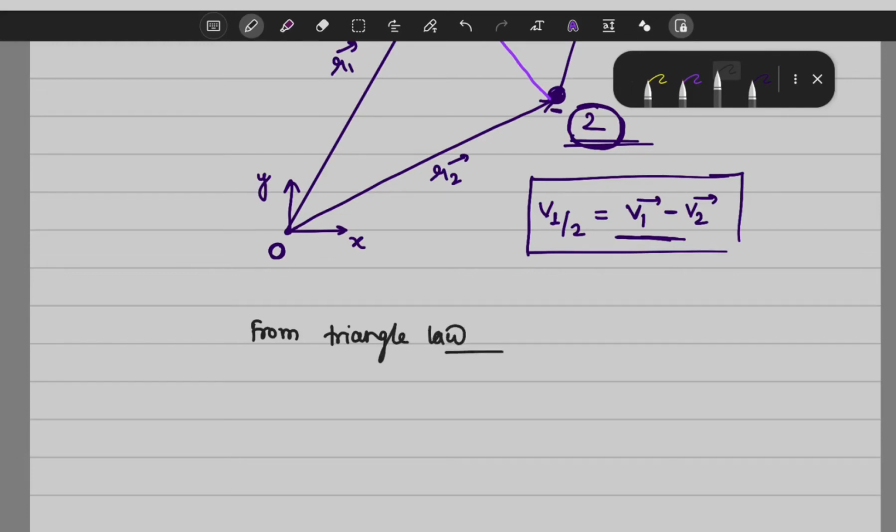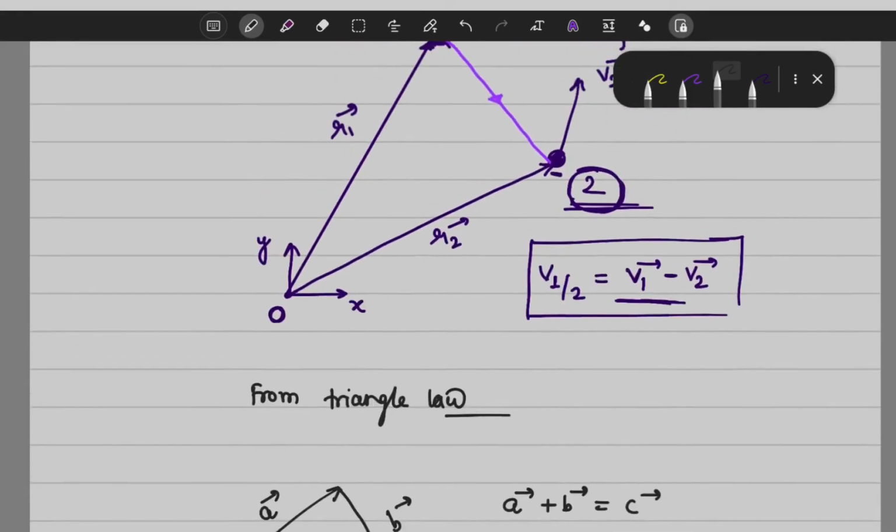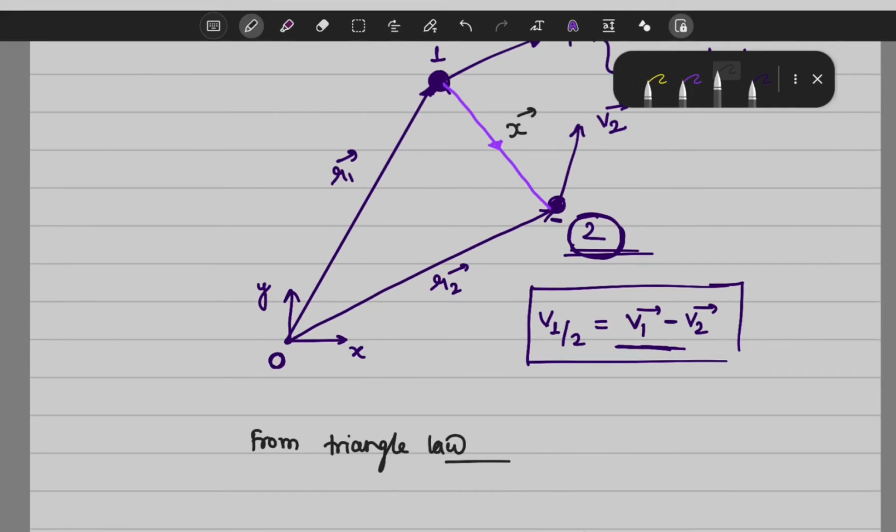law, we know that if we have two vectors, say a vector and b vector, and this is the c vector, then a plus b is equal to c. Similarly, in this case, let this be the x vector; we can write r1 plus x is equal to r2, so x is r2 minus r1.